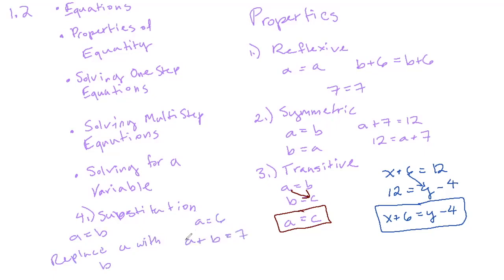Well, I can take this A and replace it with 6. It's kind of like the transitive property, but it's substitution because I'm not replacing the entire equation here. So I'm taking 6 and I'm going to put that into where A was. And that's what we call substitution. I'm substituting A for 6.